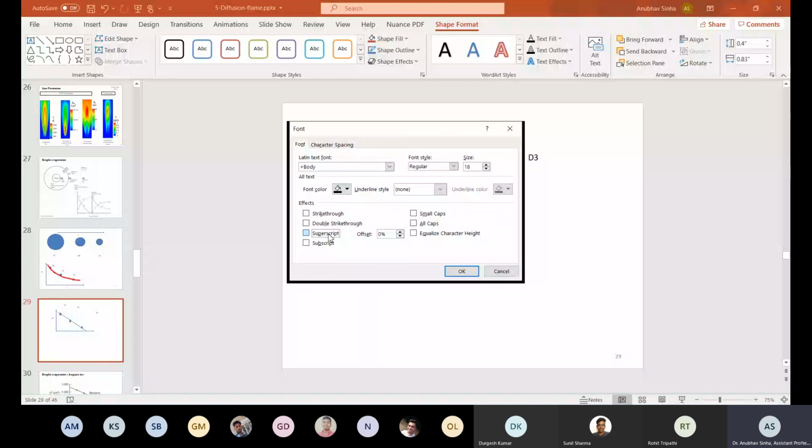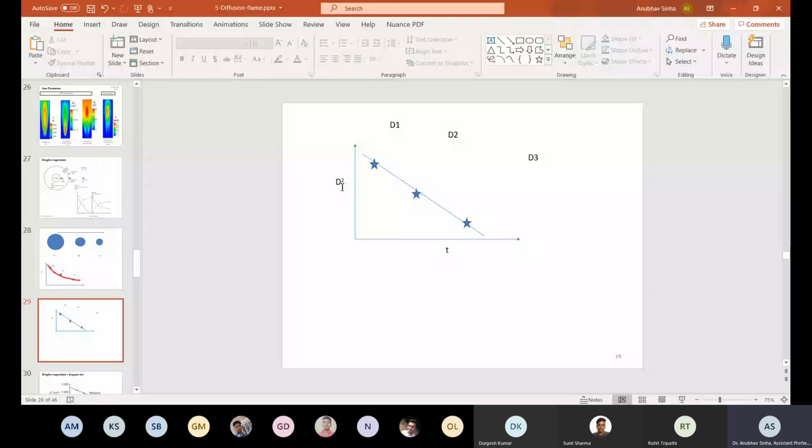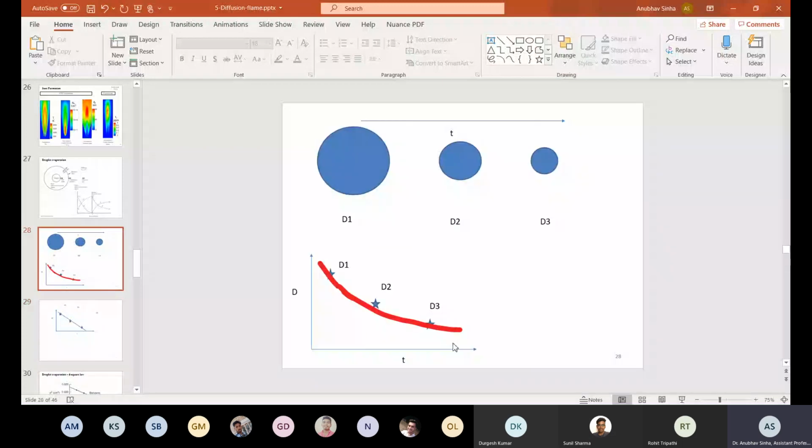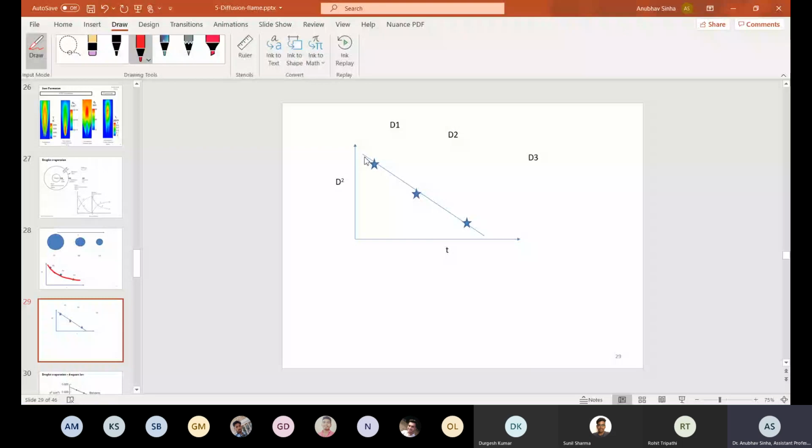This plot we talked about was d versus t, diameter versus time. Now I am saying instead of d, you draw d square. Plot d square versus time. It will not be a curve like this. It will form a straight line. That is all the d square law states, that it forms a straight line.